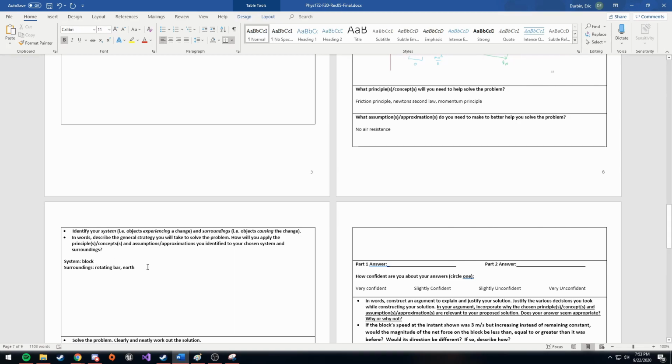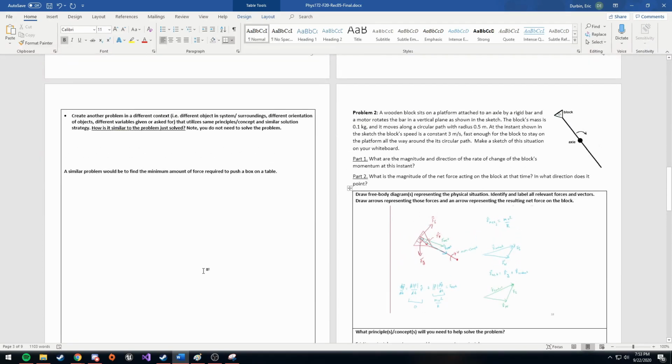Okay, so the system is the block, and the surroundings are the rotating bar and Earth. So the block's speed is a constant 3 meters a second.